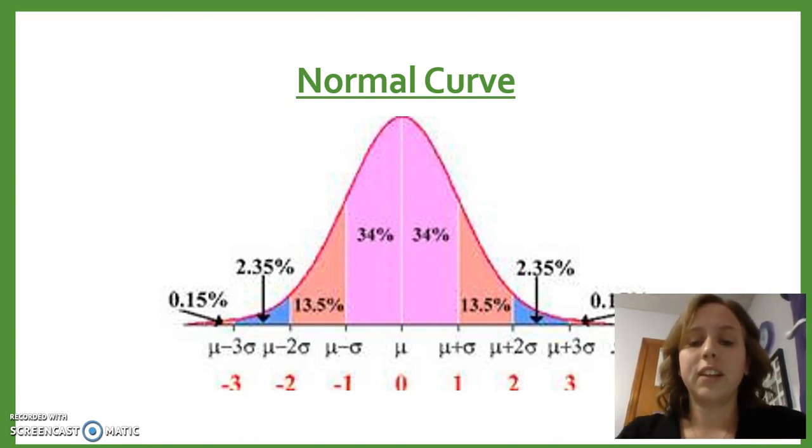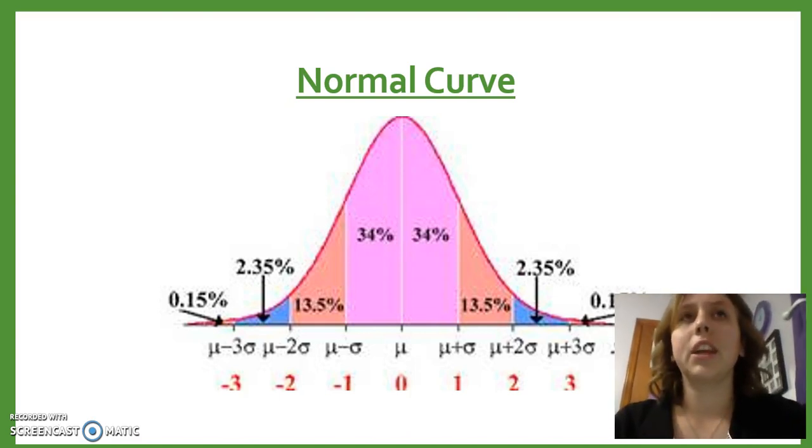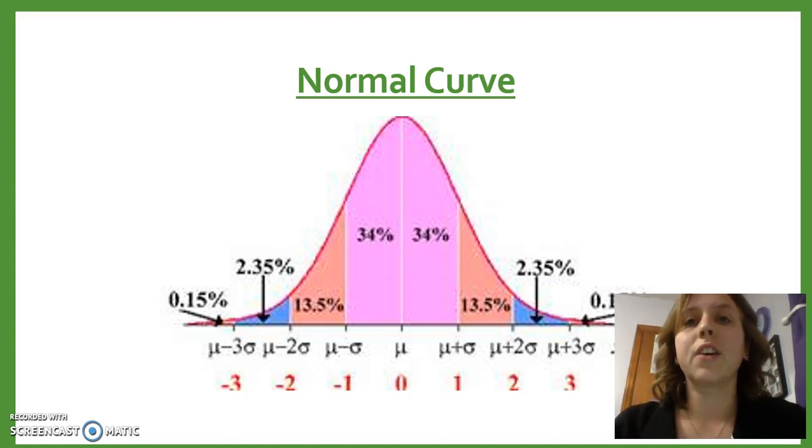Also, anytime you get a probability problem on the Praxis talking about the normal curve, it's going to say something about your average, which here is mu or 0, and then it will give you your standard deviation, maybe 4, or in this case 1. So that's going to be mu plus sigma. Sigma is your standard deviation. Here sigma is 1, and you just increase it by however many times away you are from the median.